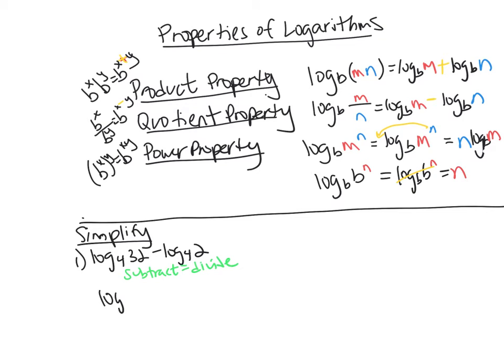So we have log base 4 of 32 divided by 2. 32 divided by 2 is 16, so log base 4 of 16. But we're not done because we can rewrite 16 as 4 squared. Well, log of 4, base of 4, those are going to cancel. We're just left with 2.